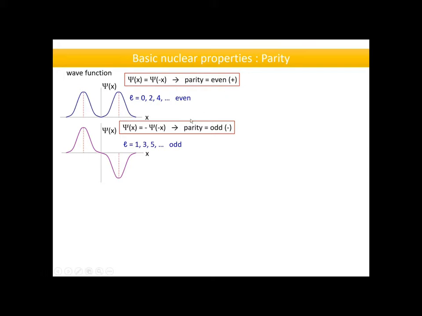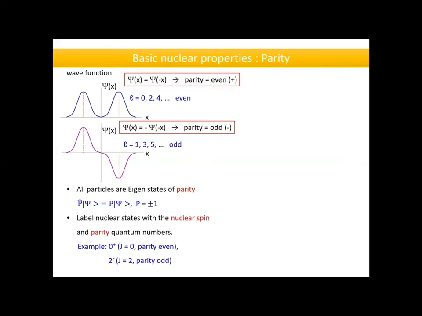And if the sign of the wave function changes, then the parity is said to be odd or negative. So in general, in quantum mechanical notation, all particles are eigenstates of parity, where P is equal to plus or minus 1. P can be taken as a quantum number. P equal to plus 1 means even parity, and P equal to minus 1 means odd parity.